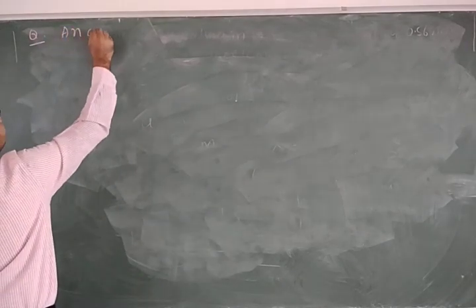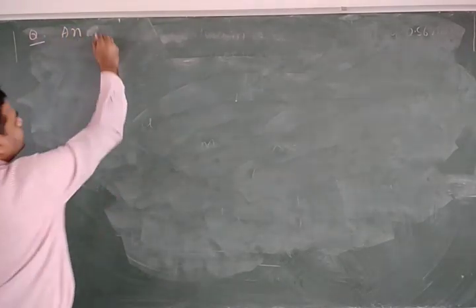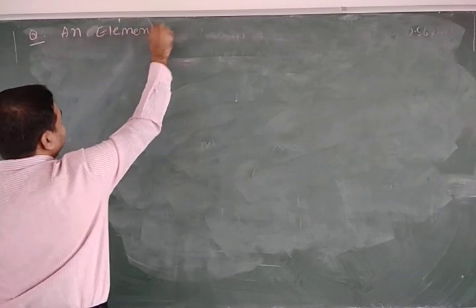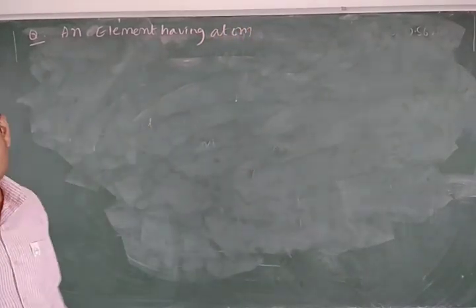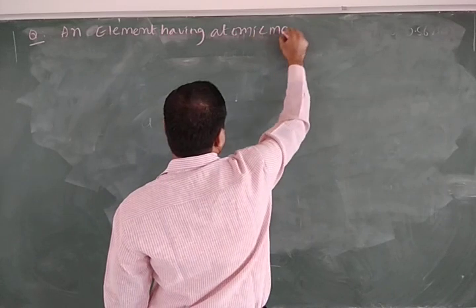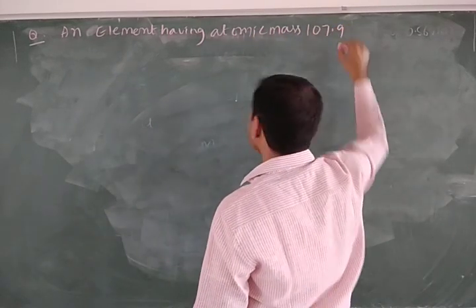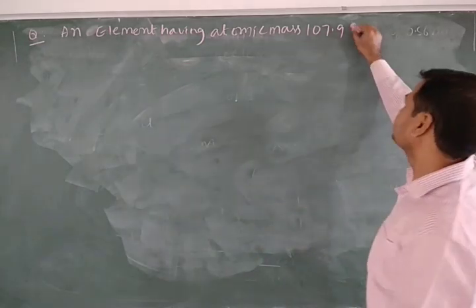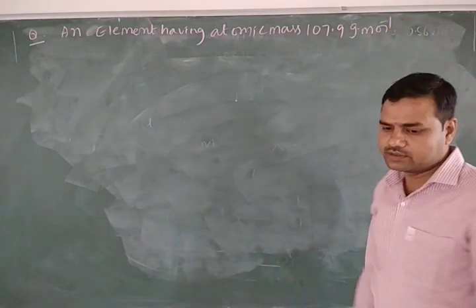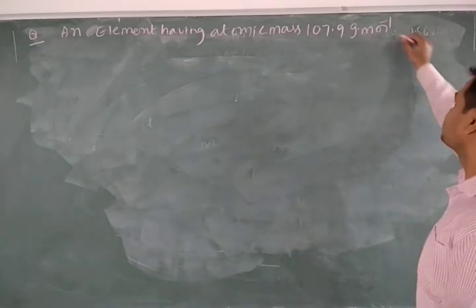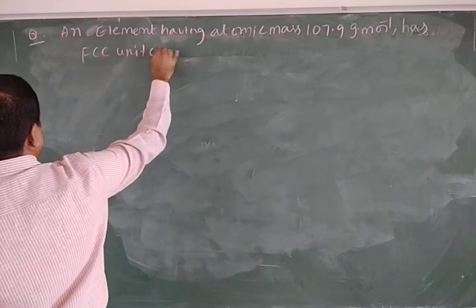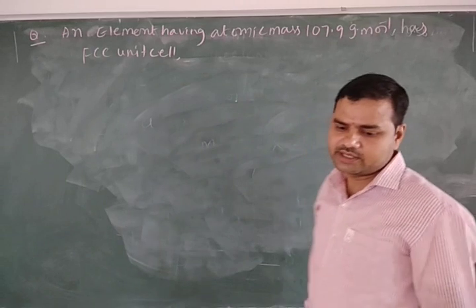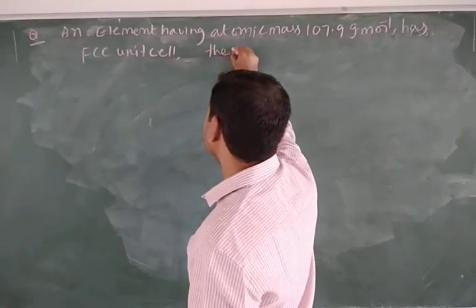We have one more question: an element having atomic mass 107.9 gram per mole has FCC unit cell.